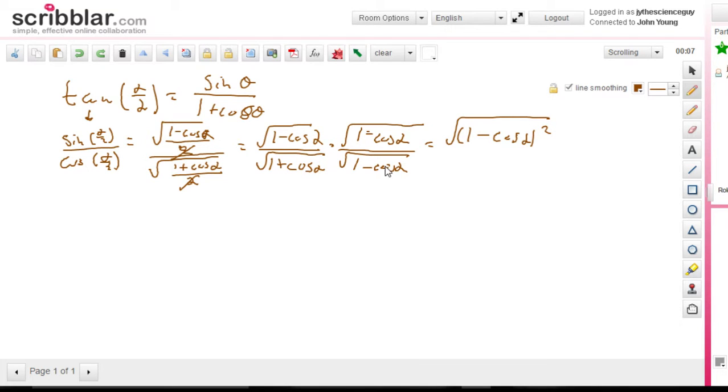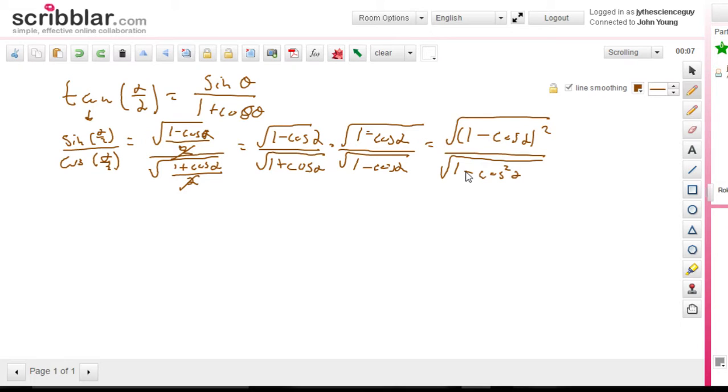And this bottom is called the difference of 2 squares. So you end up with the square root of 1 minus cosine alpha squared. If you FOIL this out, and you want to do that to show all the steps, you will get this.